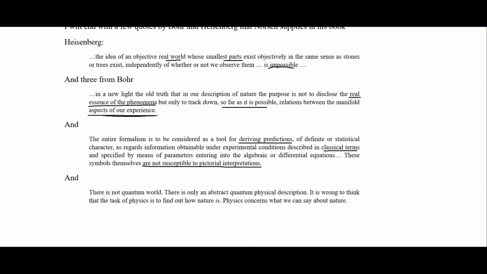And then finally, there is no quantum world. There is only an abstract quantum physical description. It is wrong to think that the task of physics is to find how nature is. Physics concerns what we can say about nature.